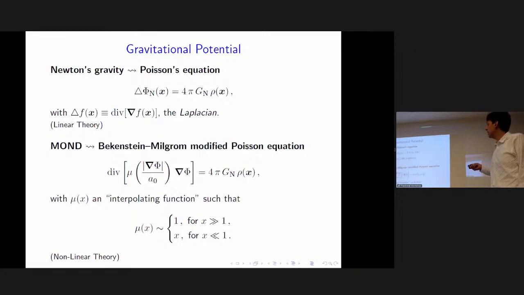And similarly, MOND can be thought of in terms of a field equation, which is ultimately nonlinear and based on a modification of this Poisson equation originally proposed by Bekenstein and Milgrom, where mu here is nothing but an interpolating function aimed at reproducing the two asymptotic behaviors that we've seen in our empirical description of the model.